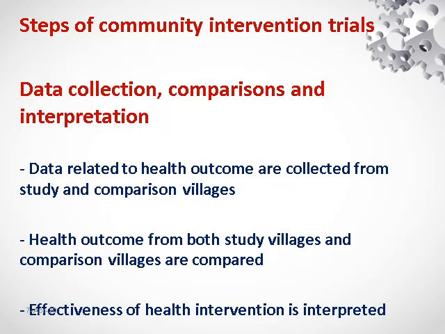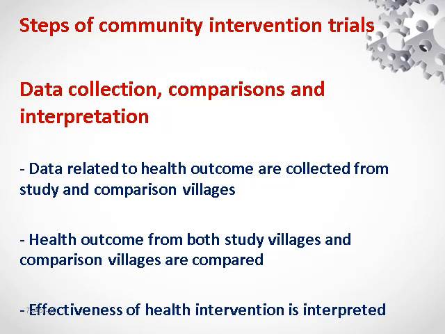After 6 months, we are doing data collection, comparison and interpretation. We are collecting data related to health outcome, maybe the number of dengue cases from intervention villages and the number of dengue cases from control villages. Health outcomes from both study villages and comparison villages are compared.